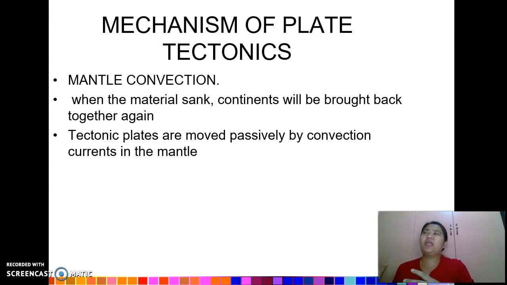Because when the material sank, they become part again of the mantle and are recycled back as magma. And then on the divergent boundary, as the magma goes up, it will form a new landform, new land masses or topographical features on that divergent area where the magma is being released.